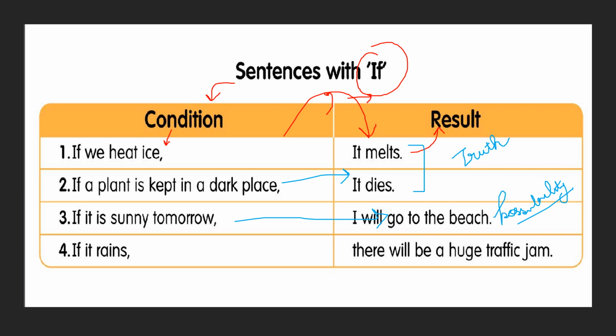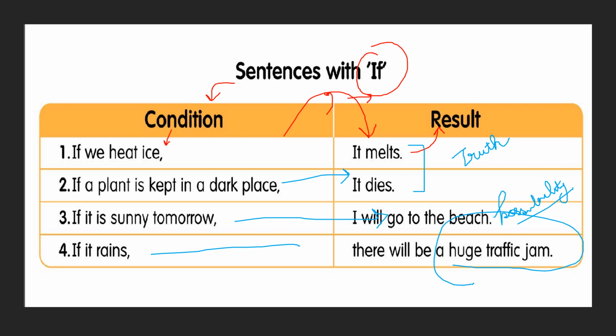If it rains, there will be a huge traffic jam. So in the fourth sentence, it is saying if it rains there will be a huge traffic jam. So then also there is a possibility that this is going to happen, right?